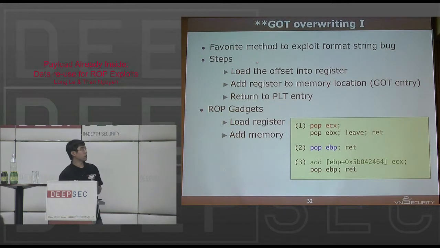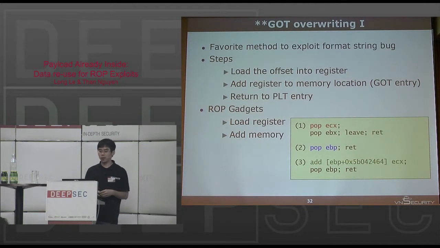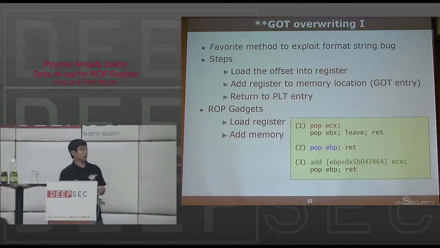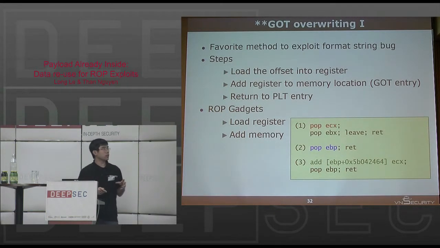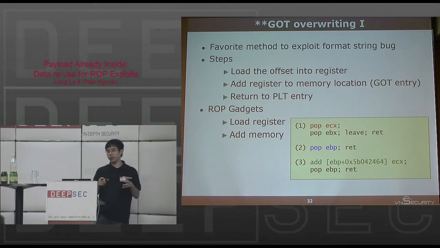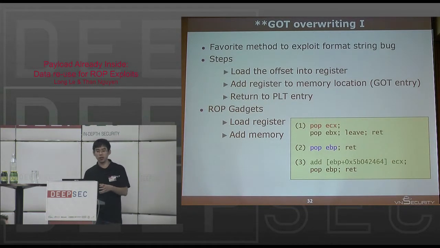GOT overwriting is one of the favorite methods for exploiting format strings, where you overwrite the GOT entry of some libc function with some other value to call the other code you want. The steps are: we load the offset into a register and add that value to the memory location, which is the GOT entry.